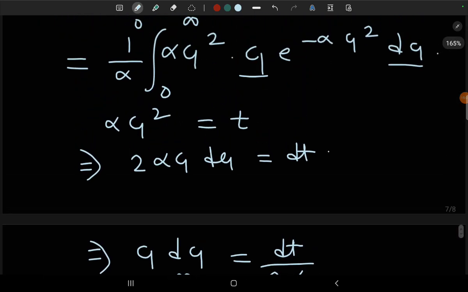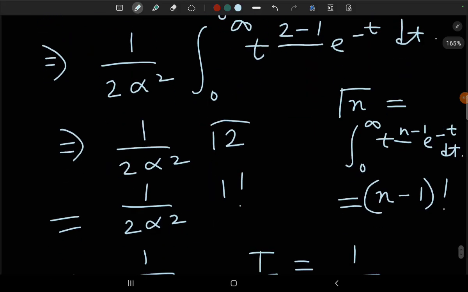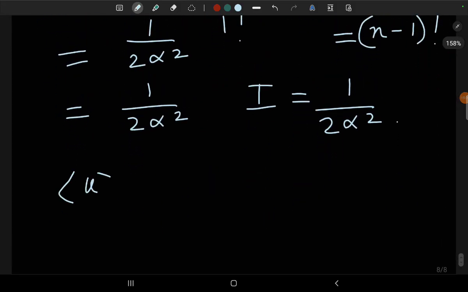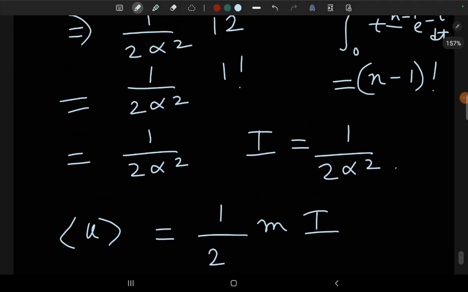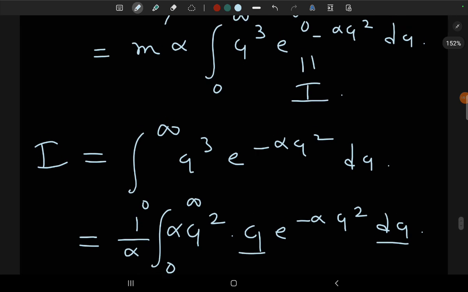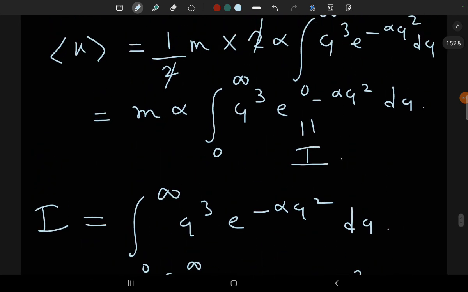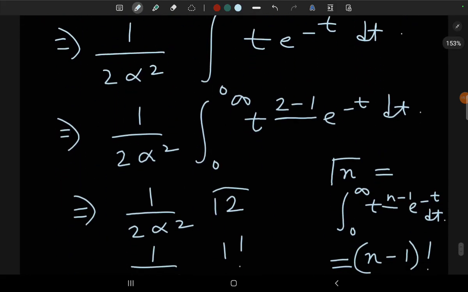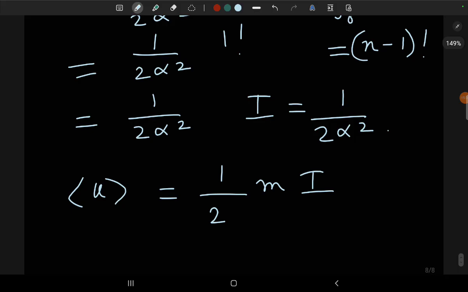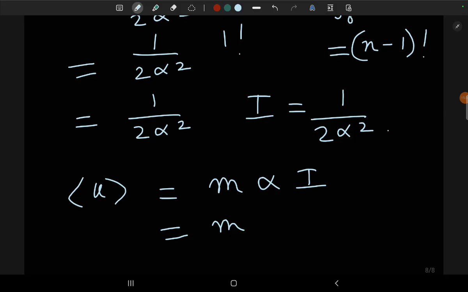And if we have the average kinetic energy, if I remember right, it was m into alpha I. So we have m alpha I, and we have m into alpha into 1 by 2 alpha squared.